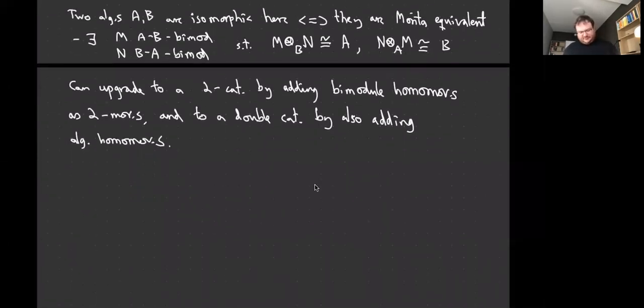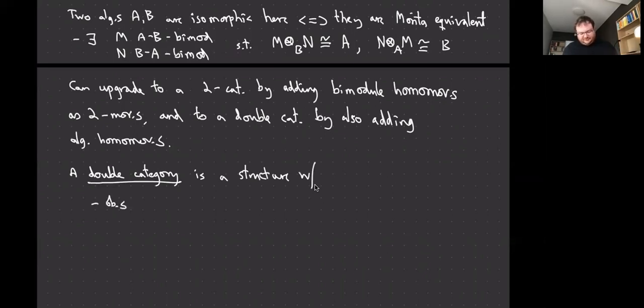So I should maybe say what I mean by a double category. At least heuristically, a double category is a structure where we have objects, which I draw as points, and then we have two kinds of morphisms between the objects, which we call the vertical and the horizontal morphisms, which we draw accordingly as either vertical or horizontal arrows.